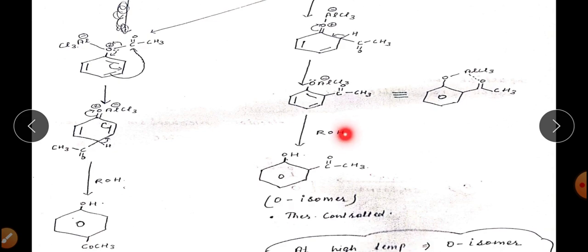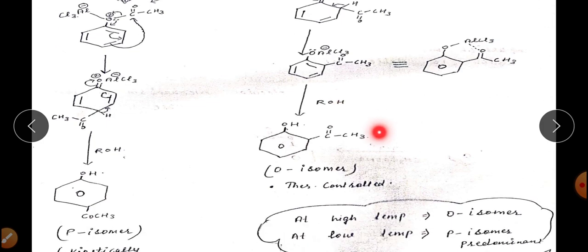This is stabilized because it can coordinate with AlCl3, and finally this, on reaction with ROH, will accept H+ and will get converted into the ortho isomer.